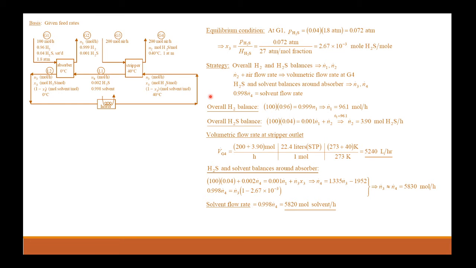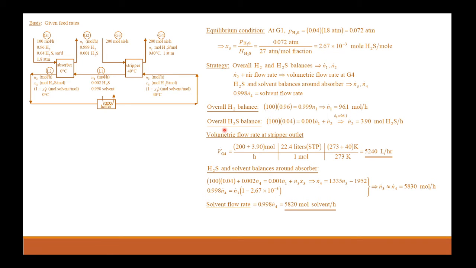So first, we're going to solve the overall H2 balance. We'll take 100, which is G1 here, multiplied by the mole fraction of H2, equals 0.999 mole fraction of H2 coming out over here, multiplied by N1, in which you get N1 to be 96.1 mole per hour.